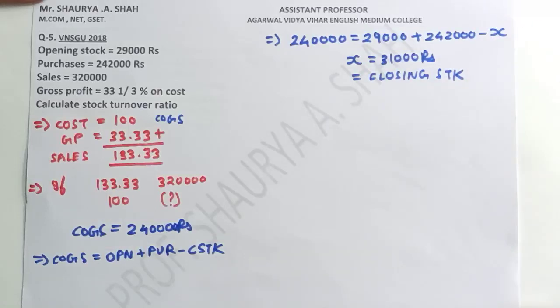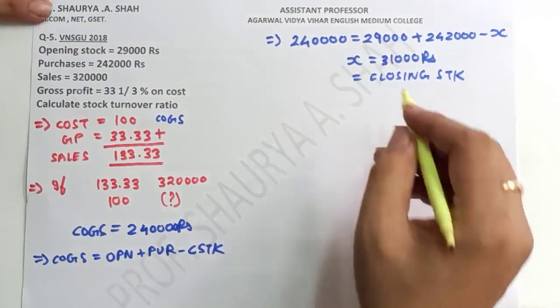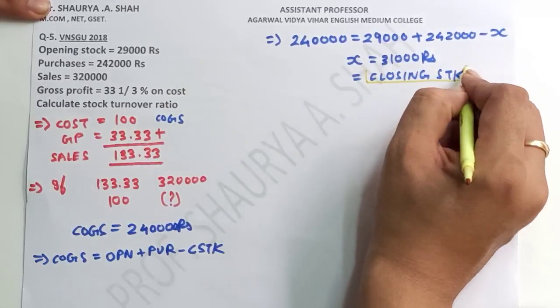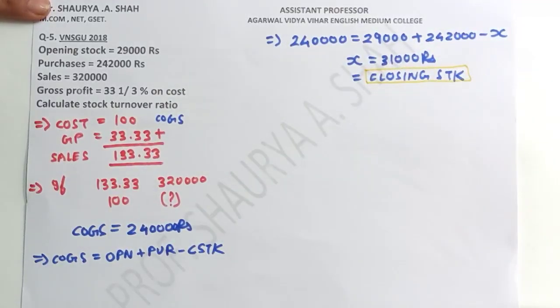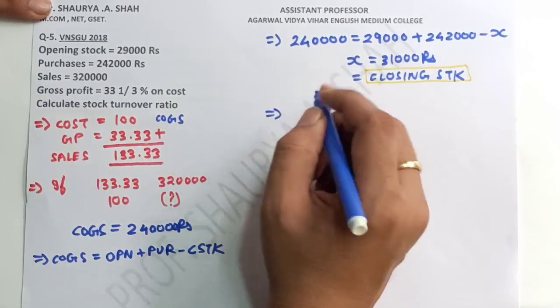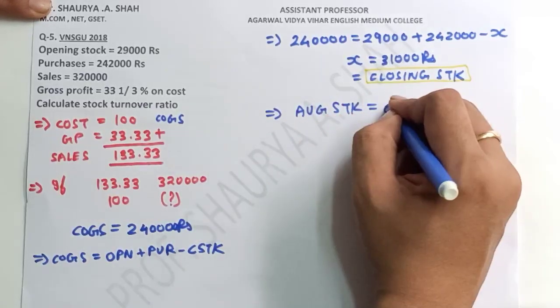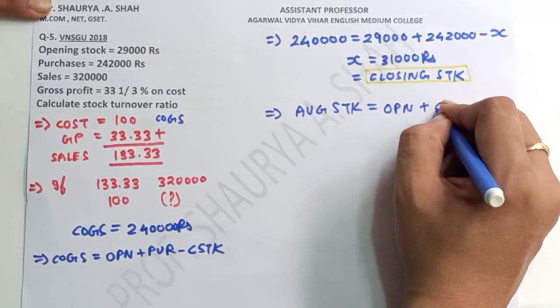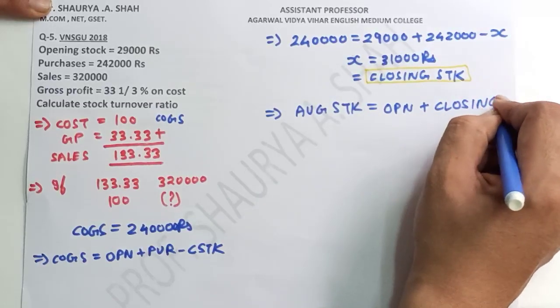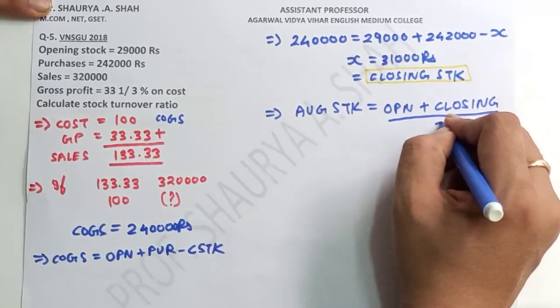The first answer which is asked in your sum is to calculate the stock turnover ratio. For that I need my closing stock. So closing stock I have got is 31,000 rupees. Is it clear? Fine. Now moving on to the next part. For calculating stock turnover ratio, I need average stock. What is average stock, dear students? Opening plus closing divided by 2.